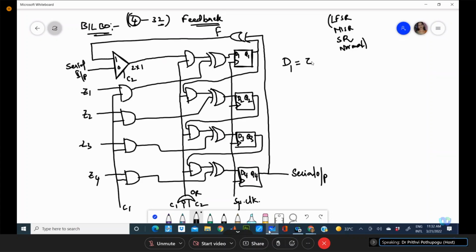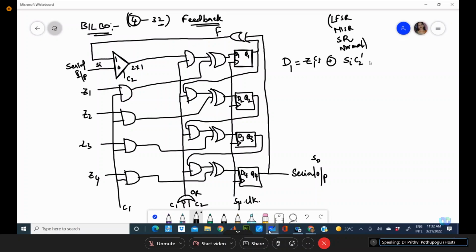Z1, C1, this one, Z1 C1 XOR with serial in. I take this as S5, maybe take this as S0. Now it is XOR; one element we have defined, the other one is serial in C2 dash, because 0 selects C2, C2 dash selects SI.